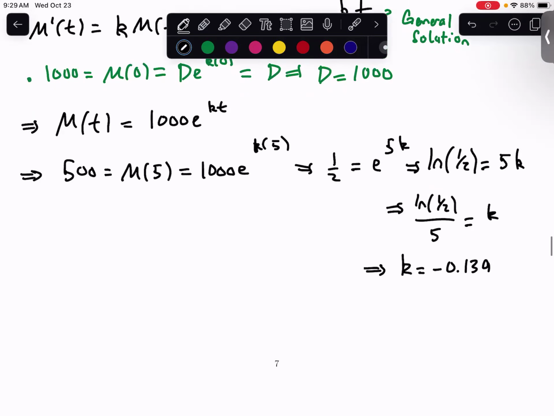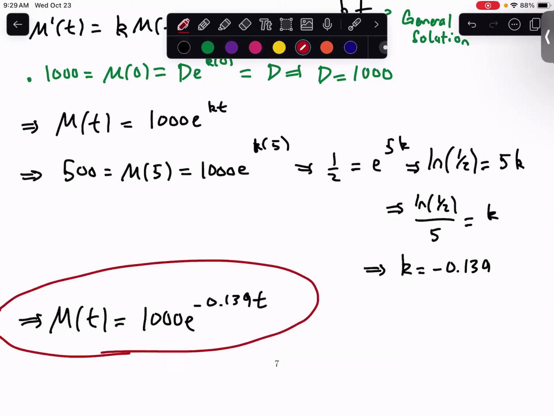And so in total, putting everything together, the particular solution is m of t is equal to 1,000 times e to the minus 0.139 t. And from there, if you need to determine the mass at a certain time, you just plug in whatever the time is for t.